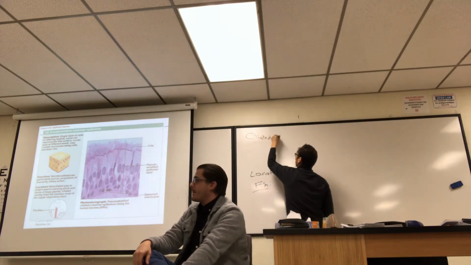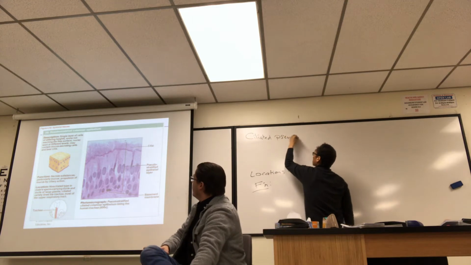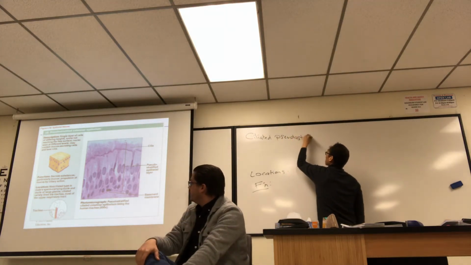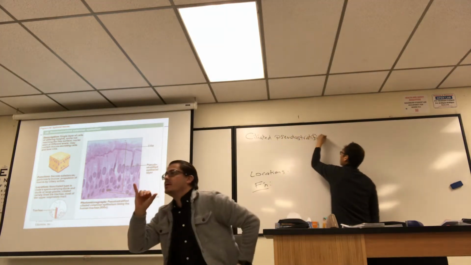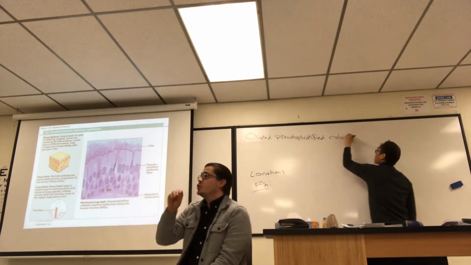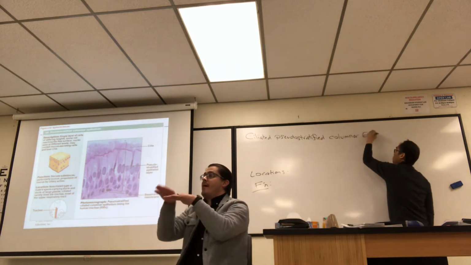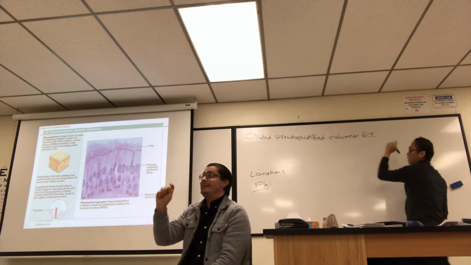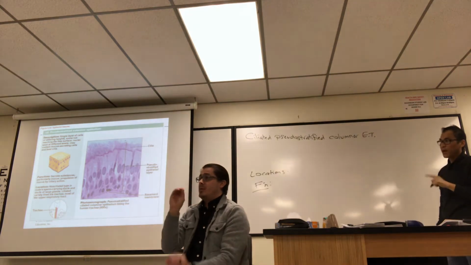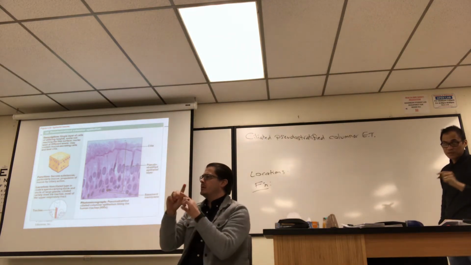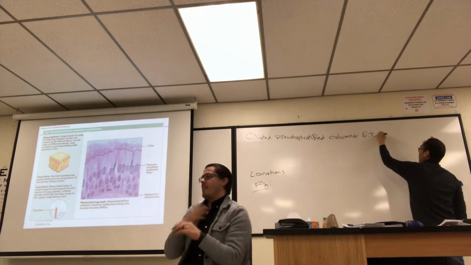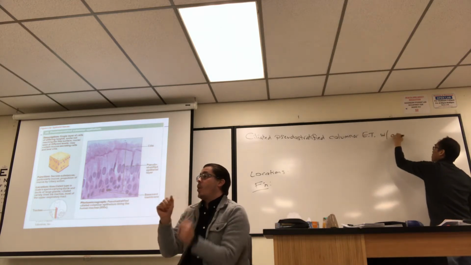Ciliated pseudostratified columnar epithelial tissue, ET. You don't see goblet cells in this picture, but I usually do see them on the slides I showed you, so I'm going to tag on goblet cells.